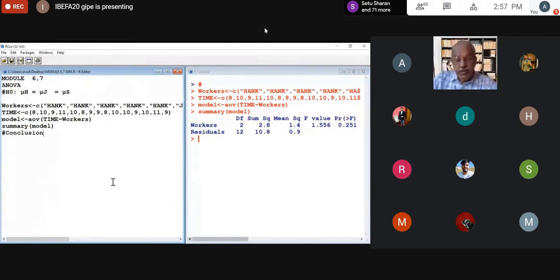So the conclusion here will be: since p value equal to 0.251, much greater than level of significance equal to 0.05, accept H naught.